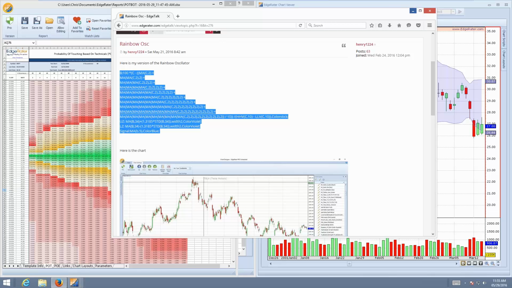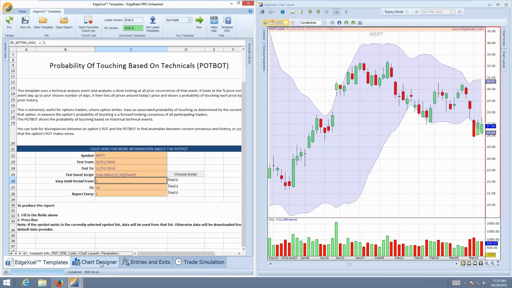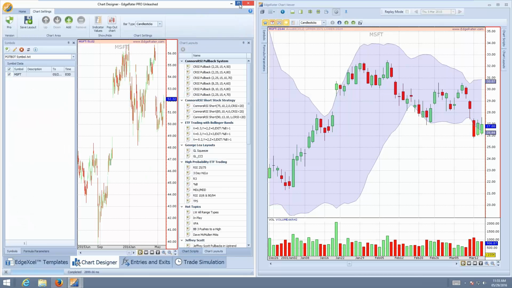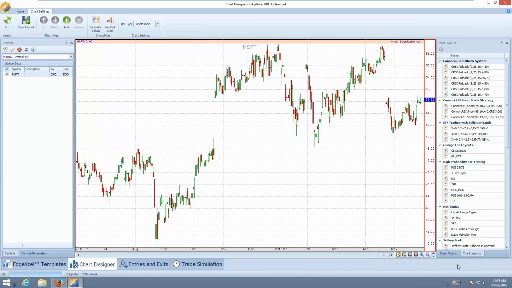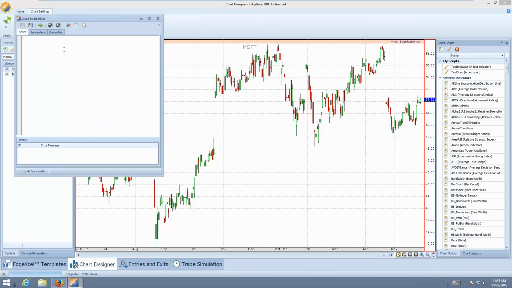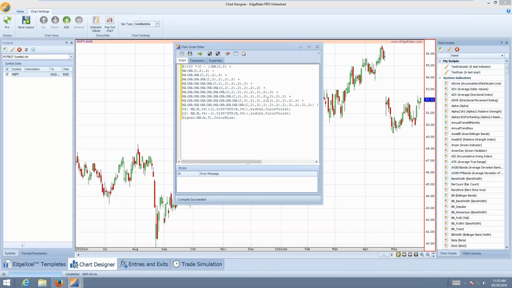And then you want to create your own script in Edrator for that. So come over to your chart designer. Come over to where it says chart scripts, and then say new script. You'll find a little dialog box will appear, and you can paste that code in that we copied. This particular script doesn't have any parameters associated with it, so everything is hard-coded in here.